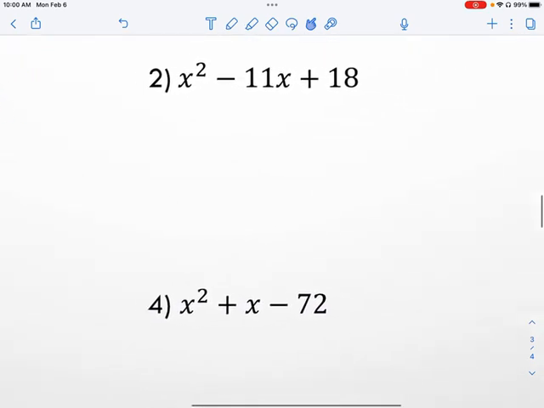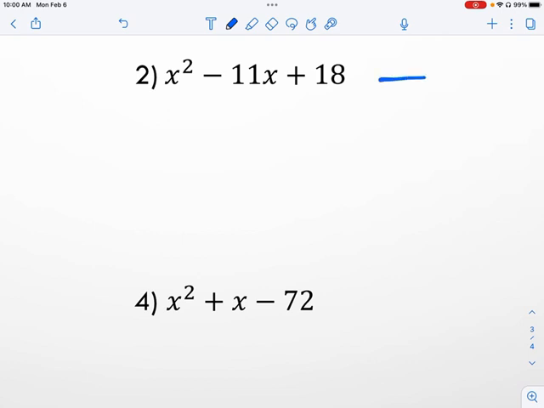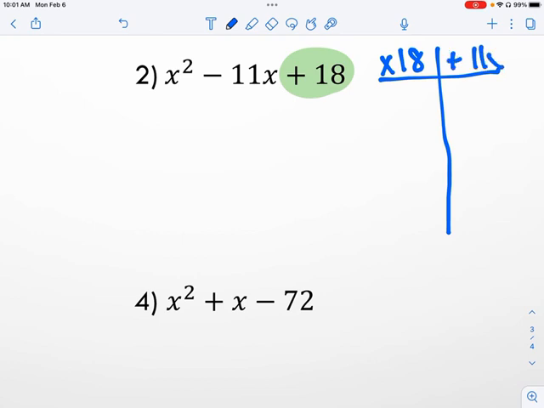Okay, let's try number 2 here. So we start off, I have a positive 18. I am looking for numbers that multiply to get a positive 18 and add to 11. So I'm looking at 1 and 18, 2 and 9, 3 and 6.